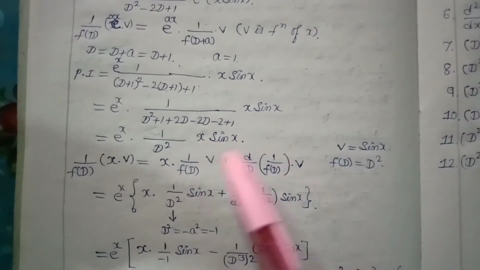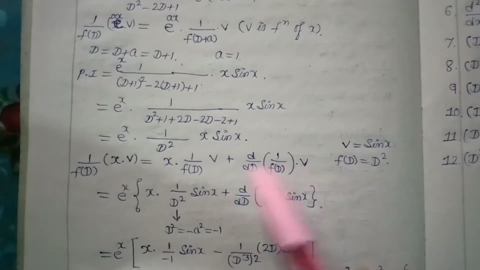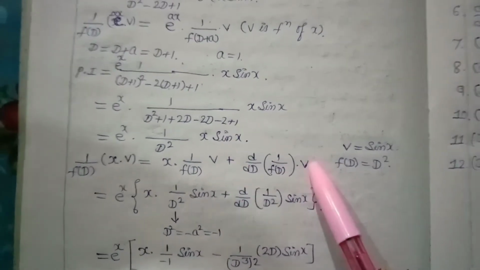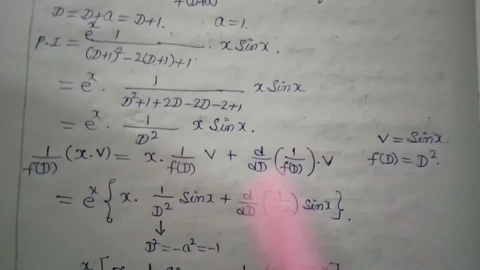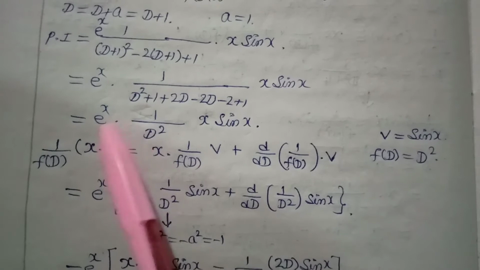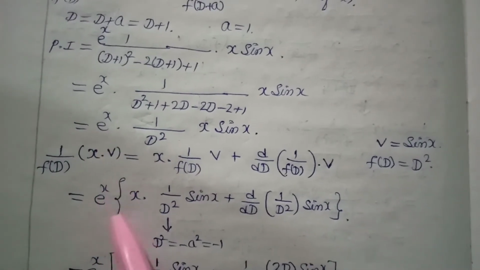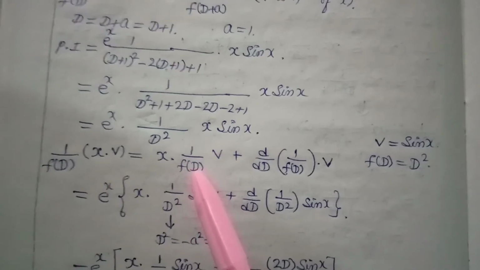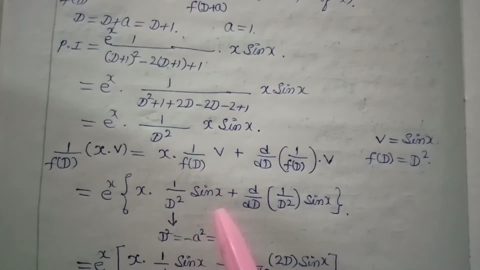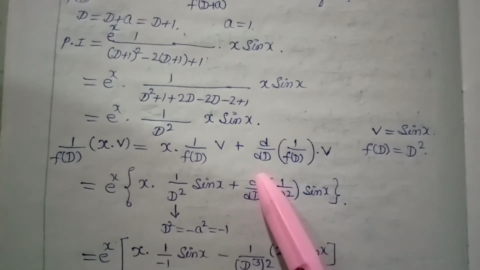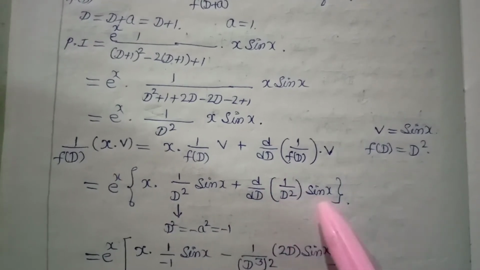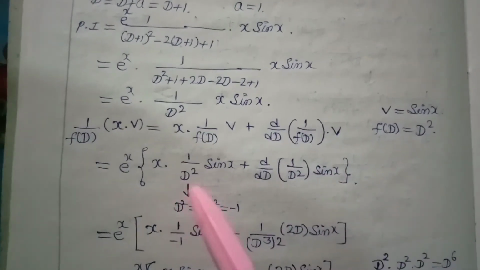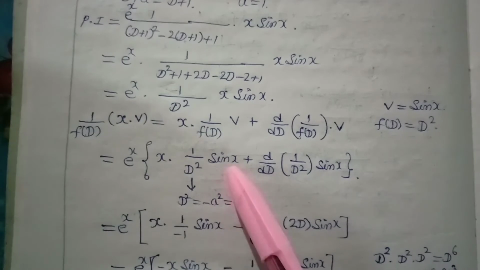So I am going to substitute f of D is equal to D square and v is equal to sin x in this above formula. Using that I will be getting it as, and there is e power x outside. So it is e power x into 1 by f of D. Now 1 by f of D is 1 by D square sin x plus its derivative of 1 by D square into sin x.